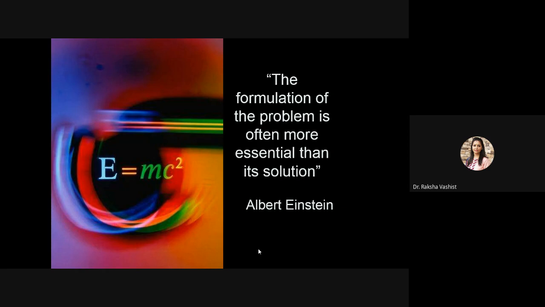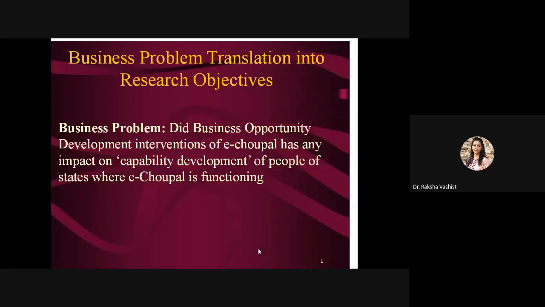That is, problem generation is a must. If you have a problem, then you will be able to find the solution of that problem. If you don't have any problem, you need not find any solution for it. All right, so for research, you must have a research problem. So this is the research problem.